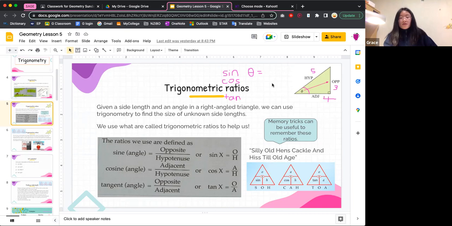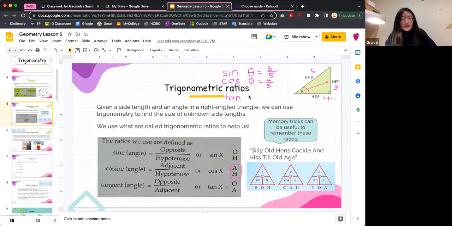So the sine of this angle would be the opposite side over the hypotenuse, so the ratio between them. The side opposite is 3 and the hypotenuse is 5. Now cosine, as we can see over here, is a over h. Adjacent is a, so what's the adjacent side? It is 4 over the hypotenuse, which is 5.